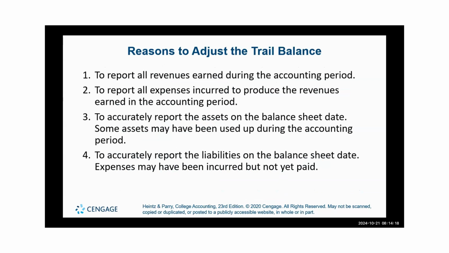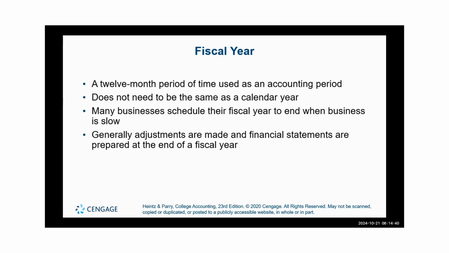And then, like I said earlier, we have to accurately report the assets on the balance sheet, right? My prepaid insurance policy 2 months from now isn't going to be worth $1,000. Now it's only worth $800. And we have to accurately report liabilities on the balance sheet, so my wages payable, right? That's a liability.